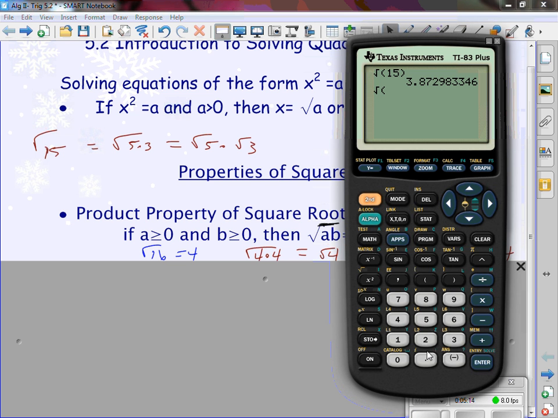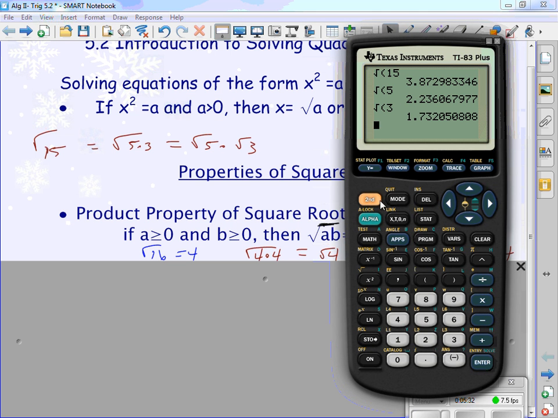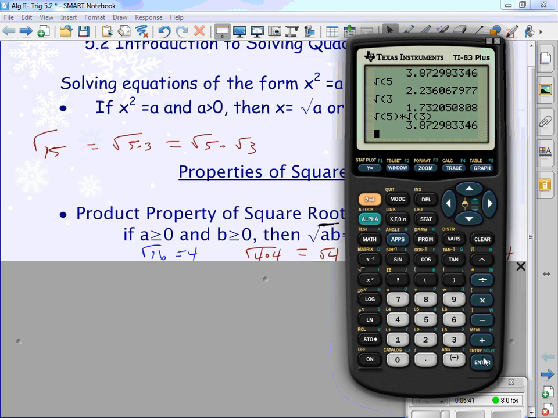If I take the square root of 5 and I multiply it by the square root of 3, see what number I get? It's the same thing as the square root of 15.